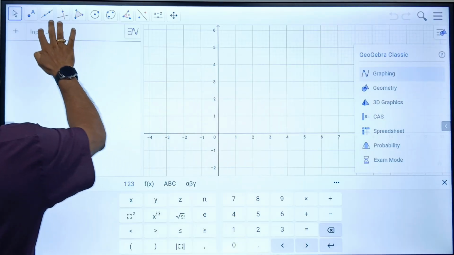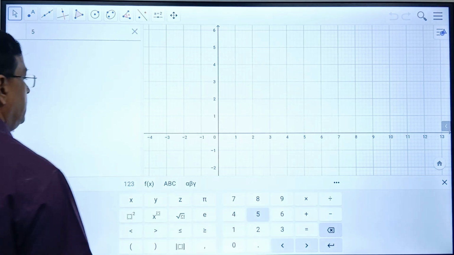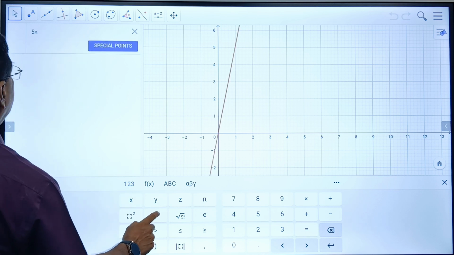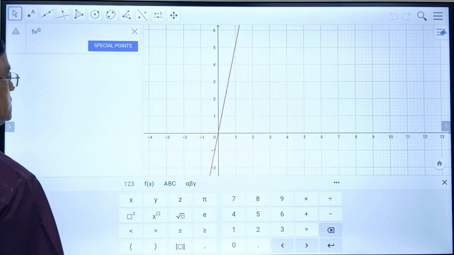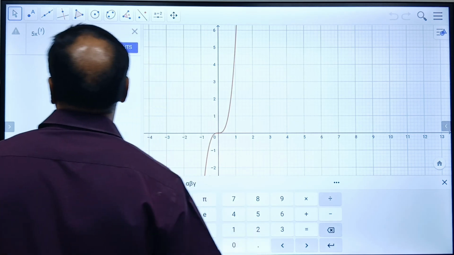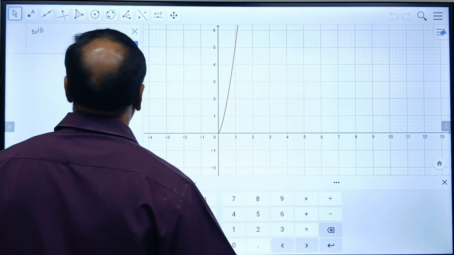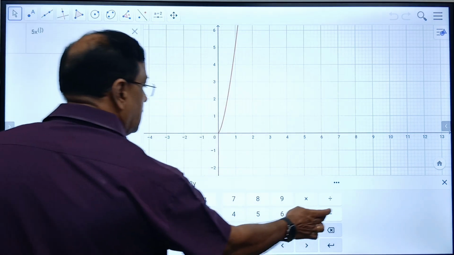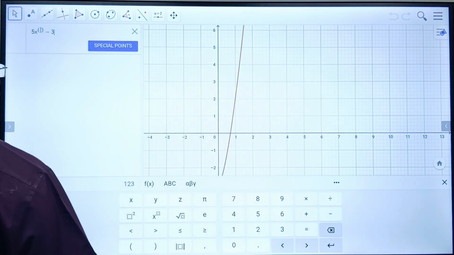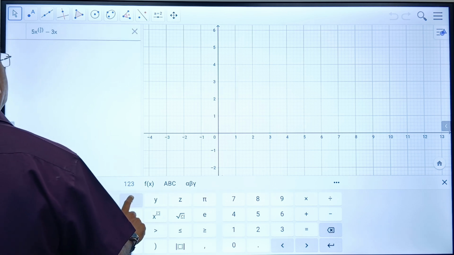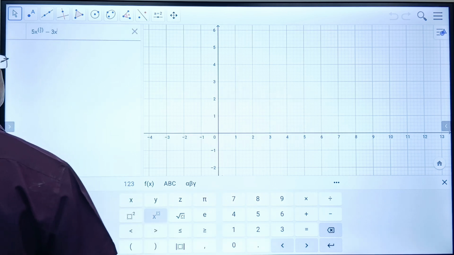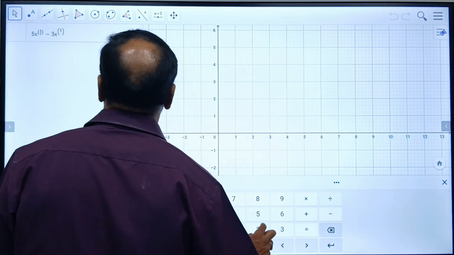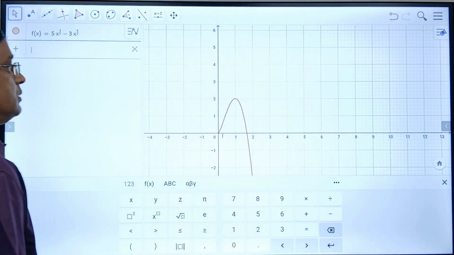So what is the graph like? 5 into x^(3/2), x power 3 divided by 2, and then minus 3x^(5/2), right? 5 by 2. So that's the graph. I got the graph.